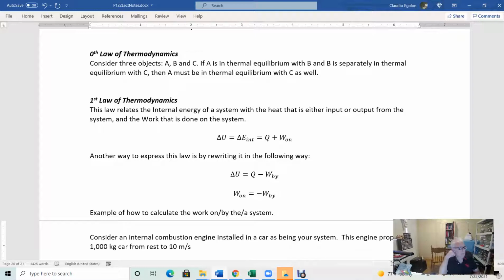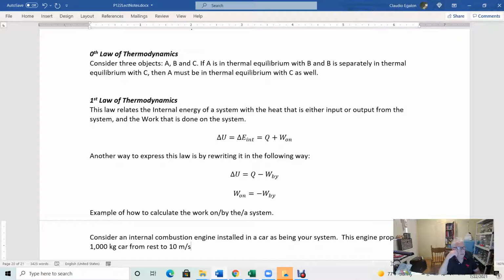Is that a lot? 10 meters per second is 600 meters per minute, which is 0.6 kilometers per minute. Pretty good, not bad.